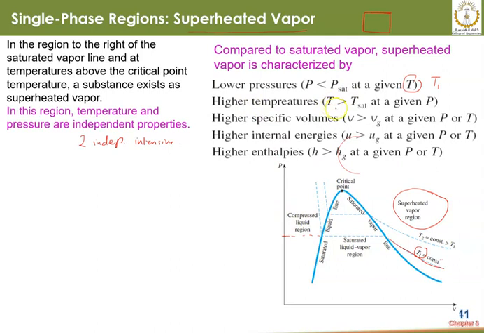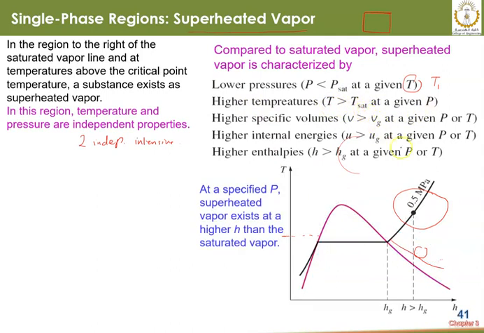That's the first case. Now, we can also look at the TV diagram, and we look at the temperature. If we have pressure, then we look at the constant pressure line. This is in the TV diagram, and this is the constant pressure line. So assume that the pressure is 0.5.